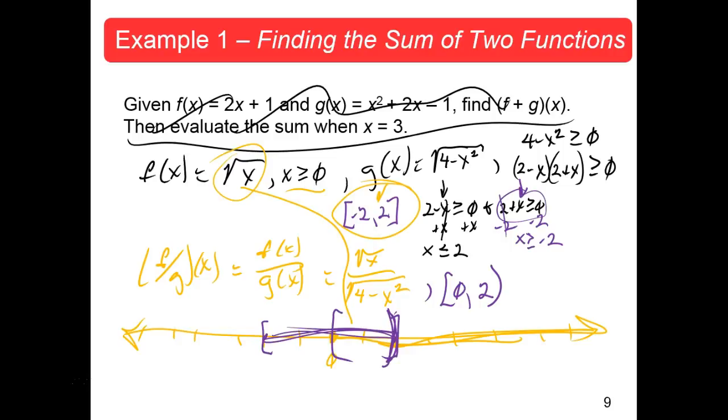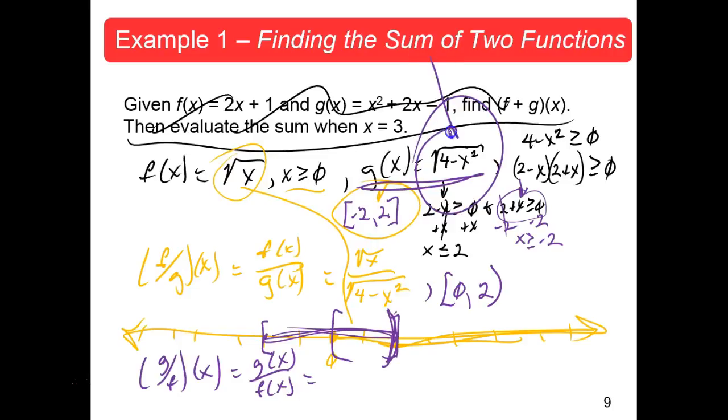Okay. Now the second part of this problem, stay in purple, is asking for g divided by f of x. Guess what that would be? The definition is g of x divided by f of x. It's just what it appears. And what's your g of x?